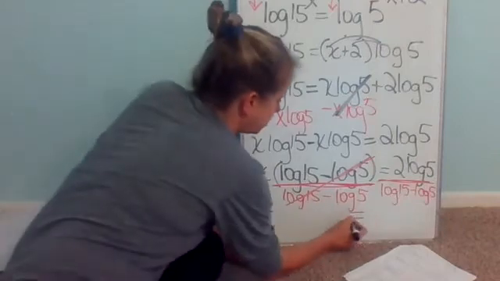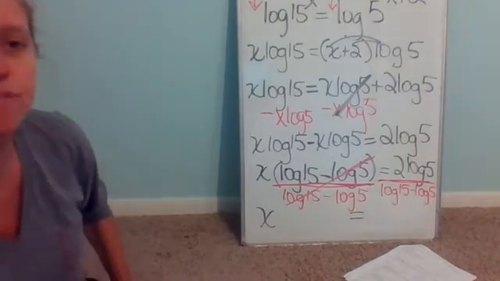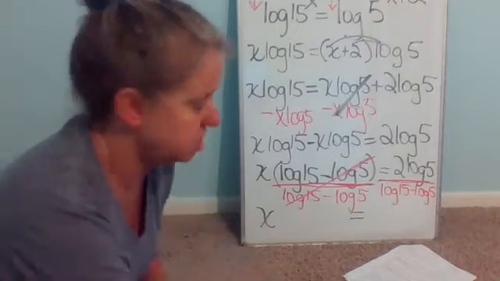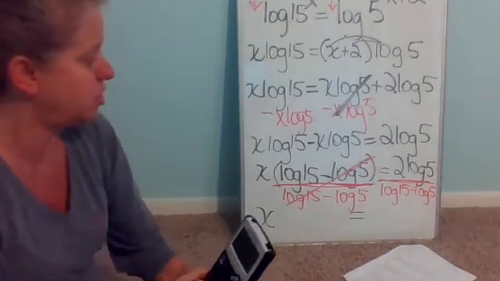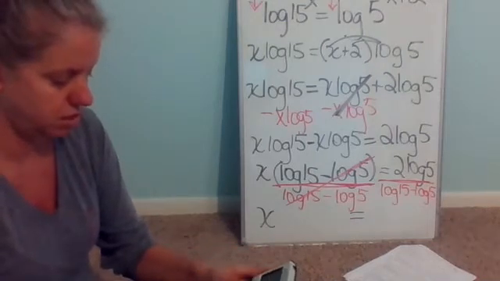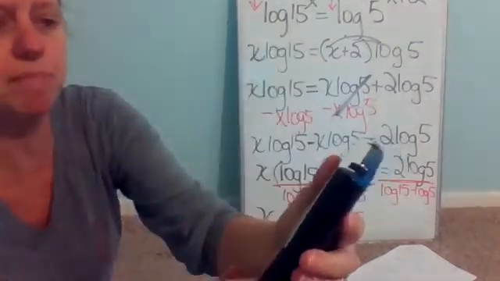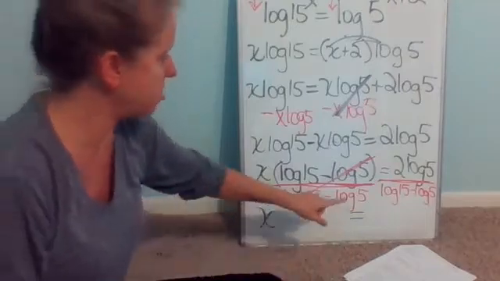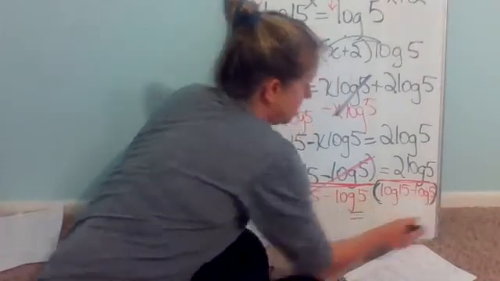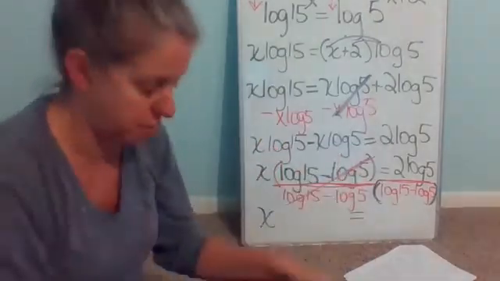So now, if I do this calculator work, that will give me my answer. Now, you'll have to be careful with this calculator work. You're going to have to do some parentheses work in the bottom. So in the top, I have 2 log 5. Close. Then divided by, now in the denominator, I need to put parentheses around this to make it all be in the denominator of that fraction.